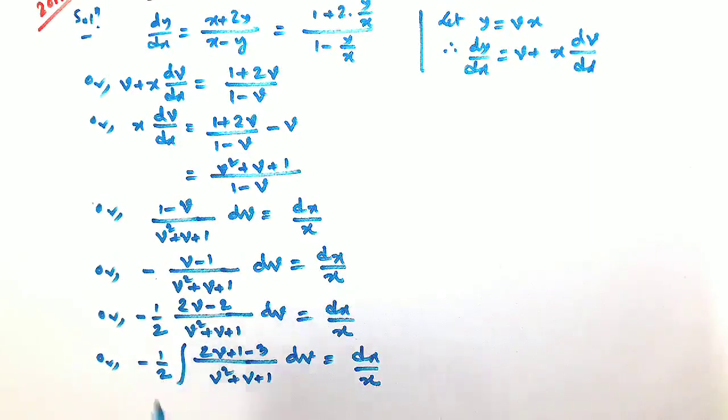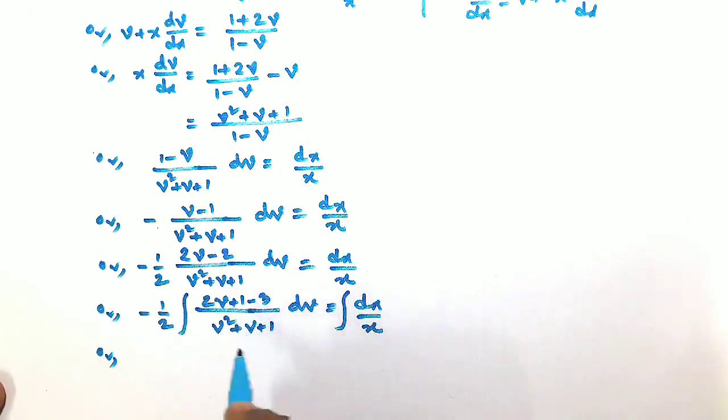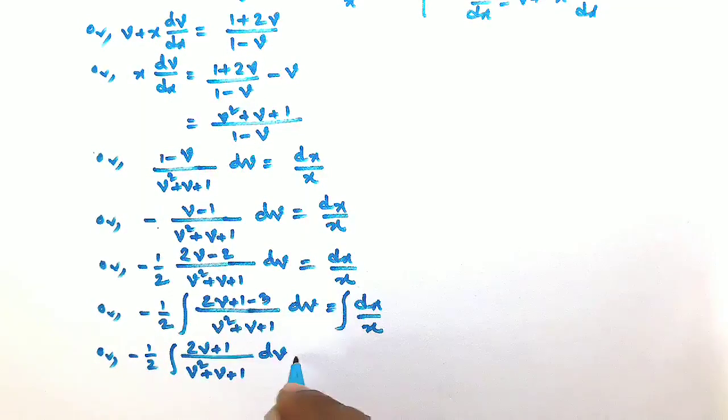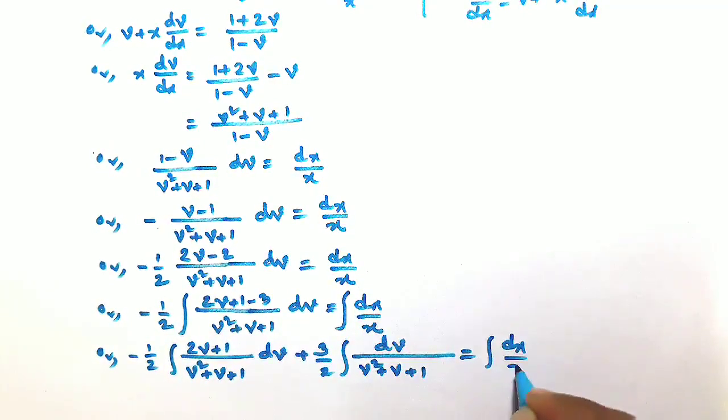Now friends, introduce the integration. Now we have to split it in this way: (2v plus 1) divided by (v square plus v plus 1), and another part is minus 3 upon (v square plus v plus 1), so that we get minus half integration (2v plus 1) upon (v square plus v plus 1) dv plus 3 upon 2 integration dv upon (v square plus v plus 1) is equal to integration dx upon x.